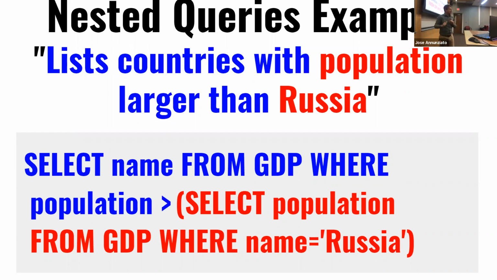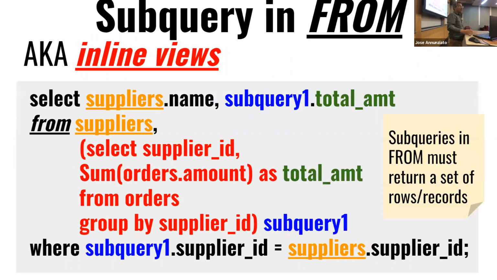Yes, right. And again, we have to be careful. It's either a vector or a single value. You can also use the select statement in the from clause, right? So in the from clause, if you remember, we're always expecting a table or something that looks like a table, right?